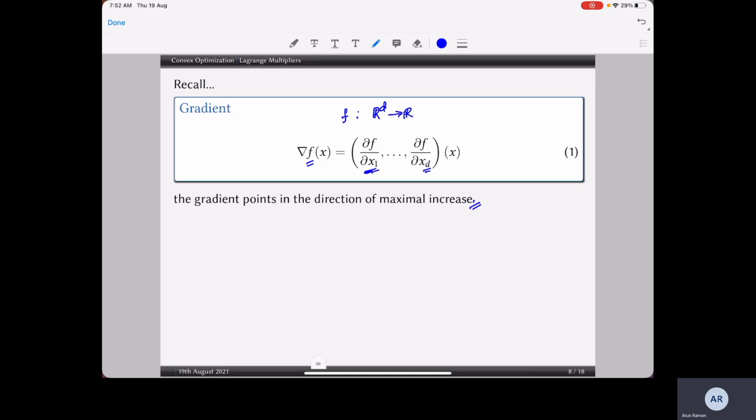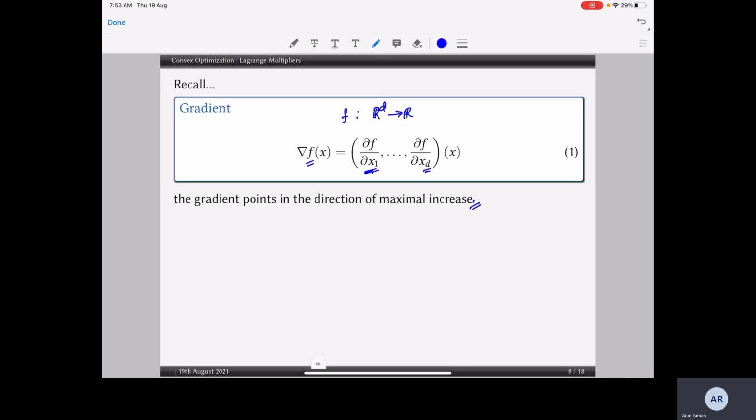So the gradient is telling us what happens in each of the dimensions, what happens to the function f if I change each of these dimensions by a small amount. So the gradient describes the change that happens to a function f when we change the independent variables x1 to xd.